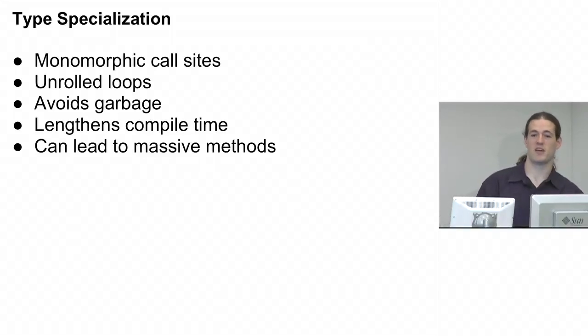Yeah, we really want value types, by the way. On the minus side, it does lengthen your compile time, so we've done some tricks to try and share compilations, and I'll get into those in a little bit. And once again, yes, it can hit those massive 64K methods.